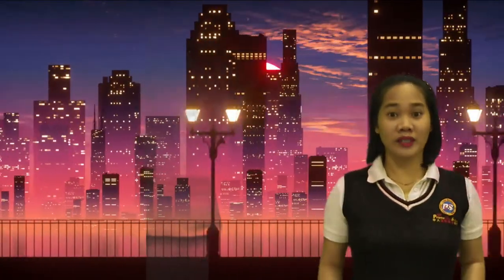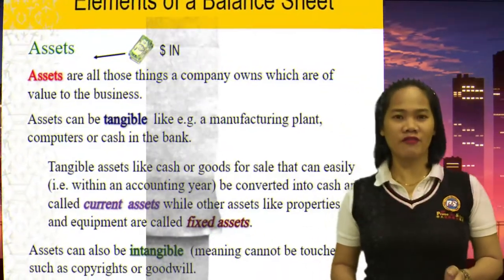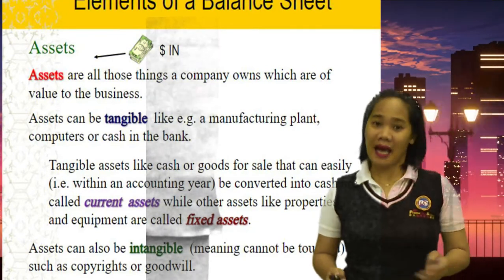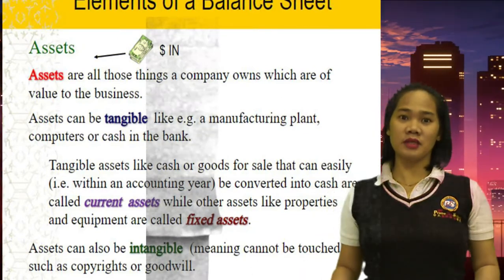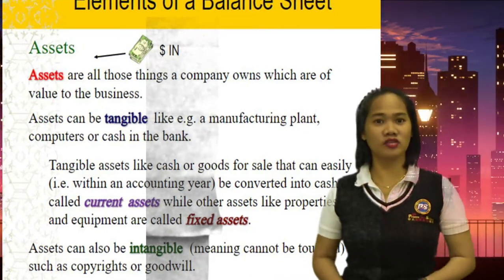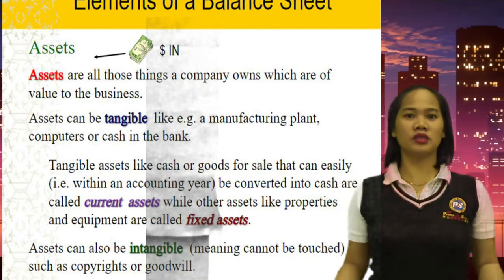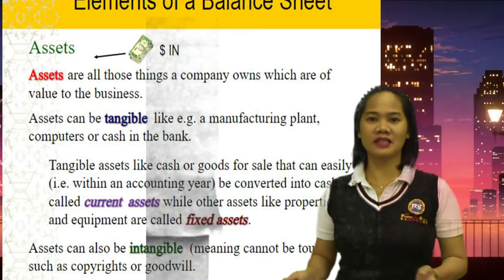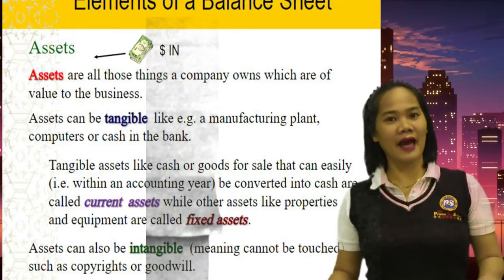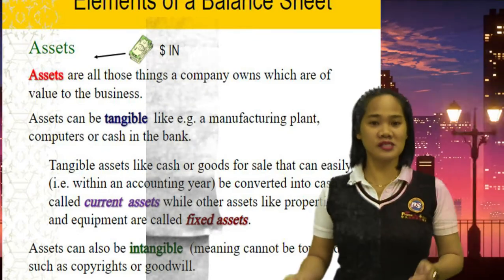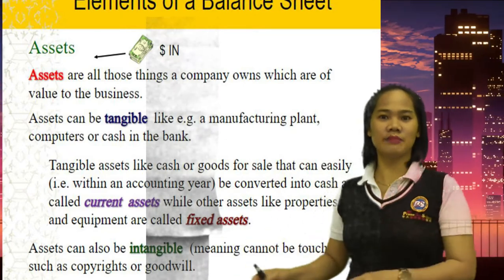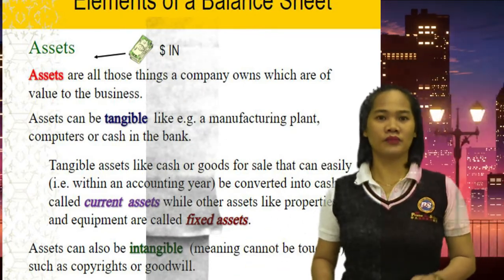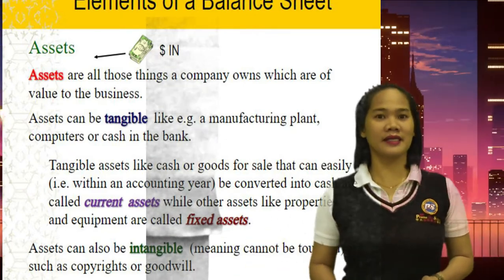So what are assets? Assets are all those things that the company owns which are of value to the business. Assets can be tangible assets, like manufacturing plants, computers, or cash in bank. But we also have assets like cash or goods for sale that can easily be converted into cash, or what we call current assets.